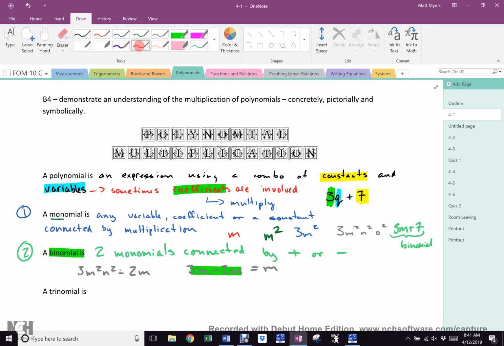Now, being the intelligent young people that you are, you obviously know that trinomial is 3. You obviously know that if a binomial is 2 monomials, what's a trinomial? 3 monomials. Connected by what? Addition or subtraction. Each of these is called a term as well.